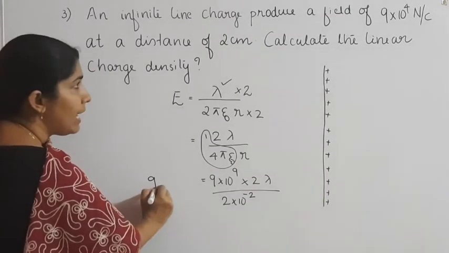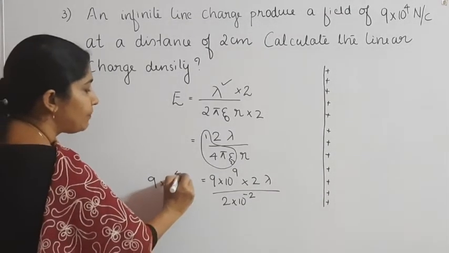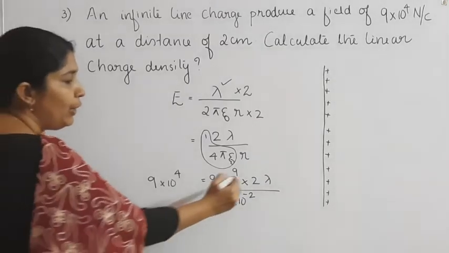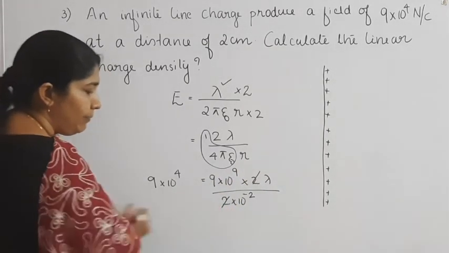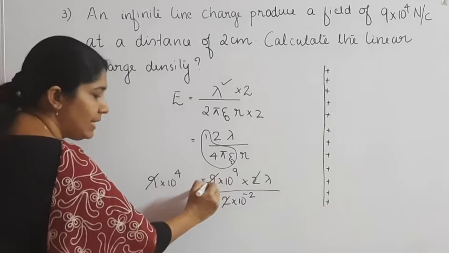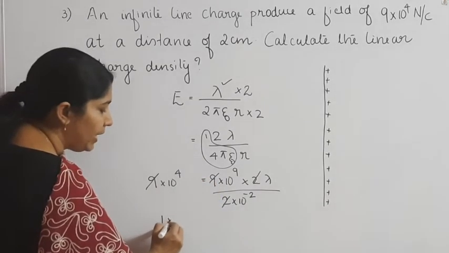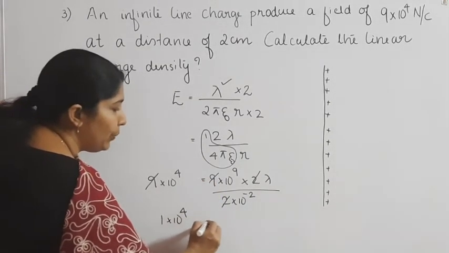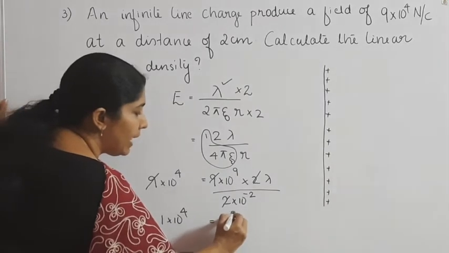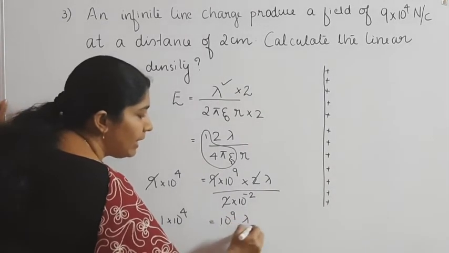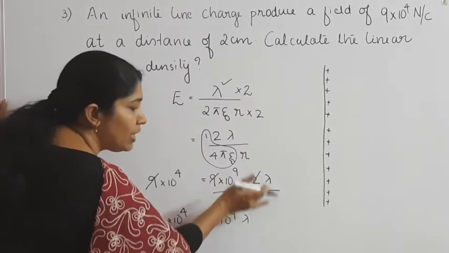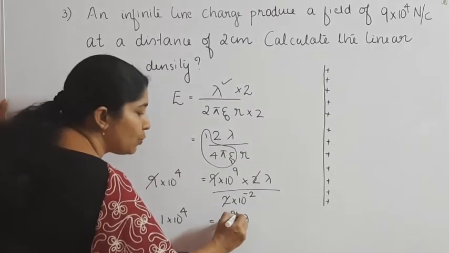Electric field is 9 into 10 raised to 4. Okay. 2 gets cancelled, 9 cancels with this. Therefore, 1 into 10 raised to 4 equal to 10 raised to 9 lambda divided by 10 raised to minus 2. When 10 raised to minus 2 comes to the top, it becomes plus 2.